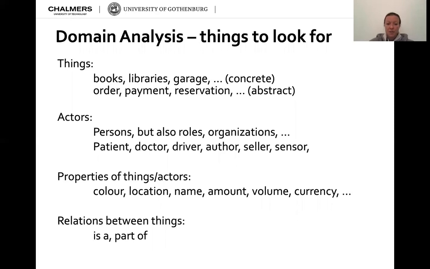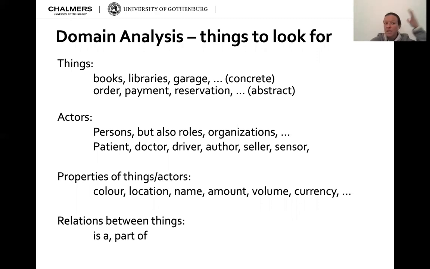So those are types of things. And then there are actors: persons, but also roles and organizations. A couple of examples for that could be patient, doctor, driver, author, seller, sensor.